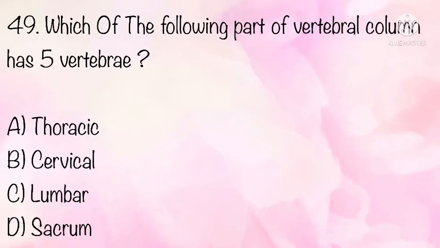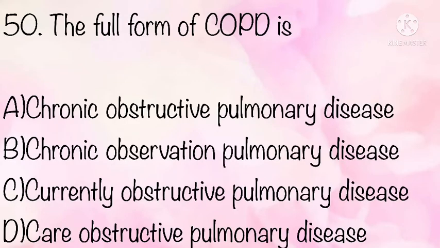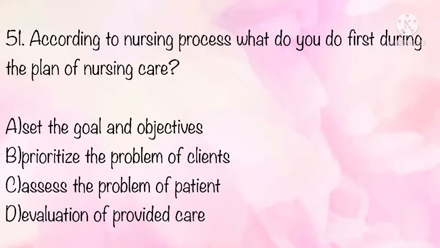Which of the following parts of the vertebral column has 5 vertebrae? Thoracic, cervical, lumbar, sacrum. Correct answer is C, lumbar. The full form of COPD is chronic obstructive pulmonary disease, chronic observation pulmonary disease, currently obstructive pulmonary disease, care obstructive pulmonary disease. The correct answer is A, chronic obstructive pulmonary disease.